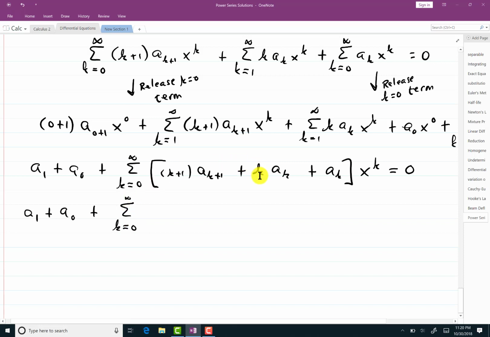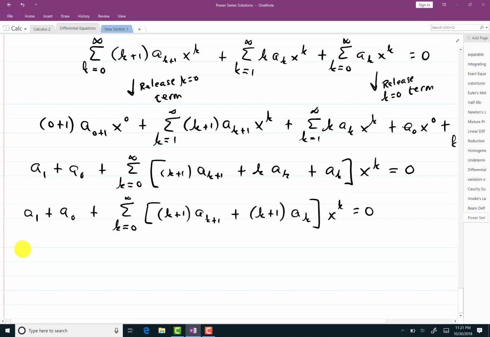And notice that I can factor an a sub k out from that piece, and I'll actually get this: k plus 1, a sub k plus 1, plus k plus 1, a sub k.